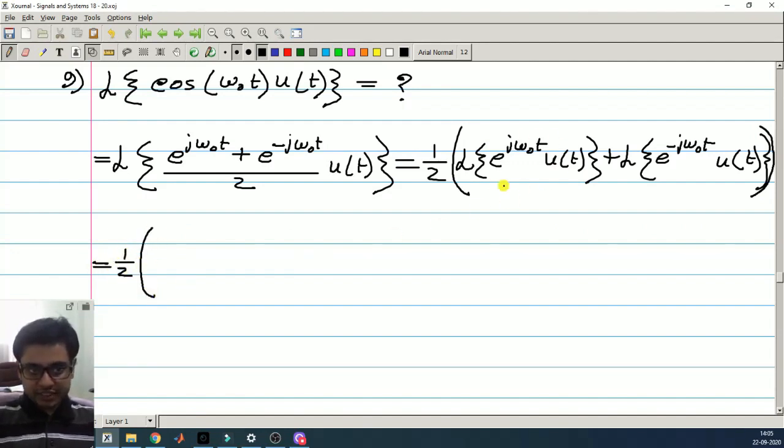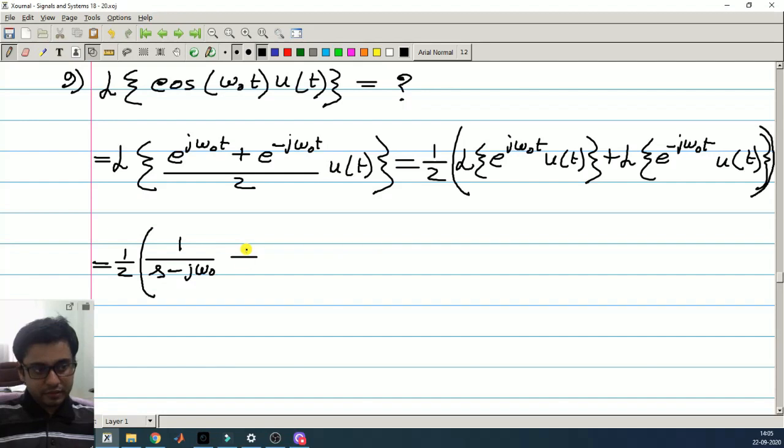Now this first Laplace transform can be calculated in this way. Laplace transform of u(t) is 1 by s, and when you multiply u(t) with e to the power j omega naught t, all you have to do is replace this s by s minus j omega naught.